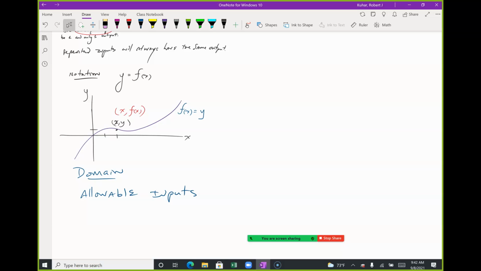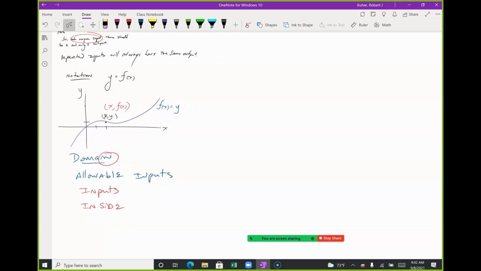And you can see the word in. So we're talking about inputs. It's inside, and it's the independent variable. Outputs, or range, is the y values.